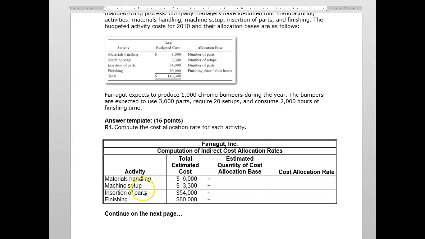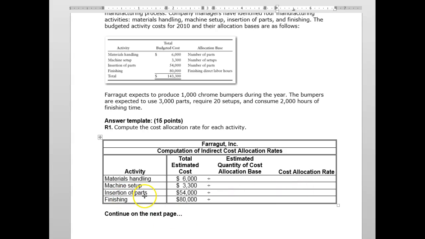Now you're going to take material handling and divide it by the 3,000 parts, which will give you the per part allocation. You will take the machine setup and divide it by 20 setups, and that will give you $150 per setup.